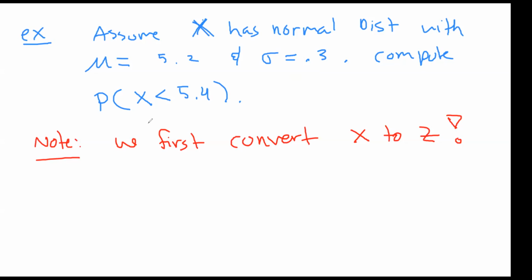What is Z? Z is equal to X minus mu over sigma. What does this become? Well, X is 5.4, that's the one we're interested in, minus 5.2 over 0.3. So you get 0.2 over 0.3, which is nothing more than 0.67.